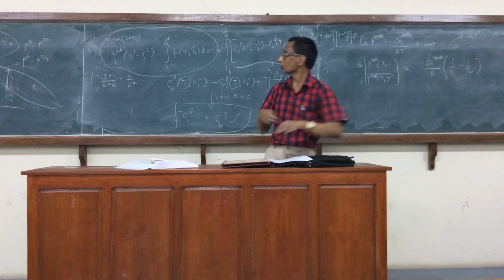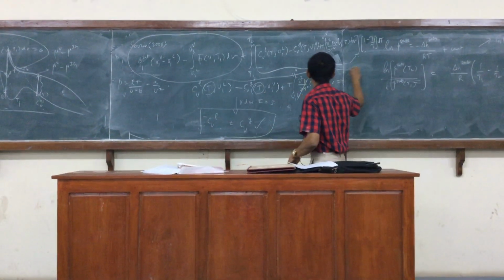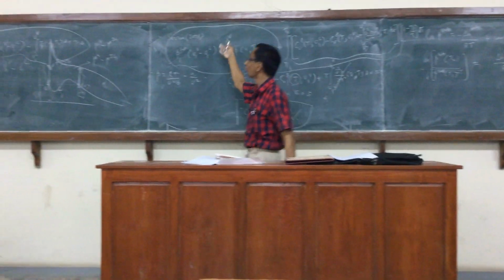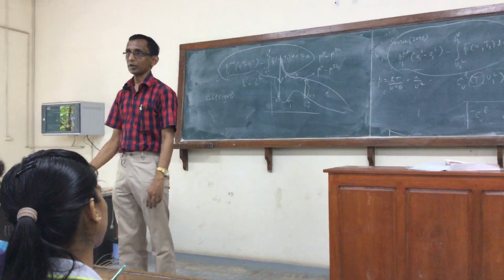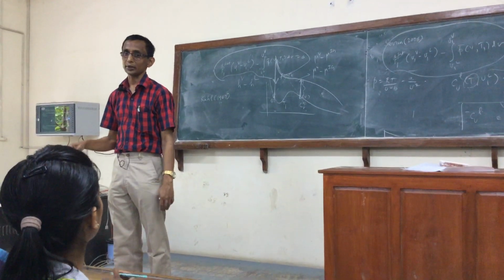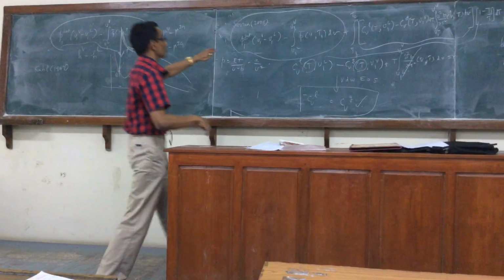So we have to use the more general equation, but the price you have to pay is we have to know all this data of the specific heats. That is why books tend to gloss over this, and this is much easier to use.